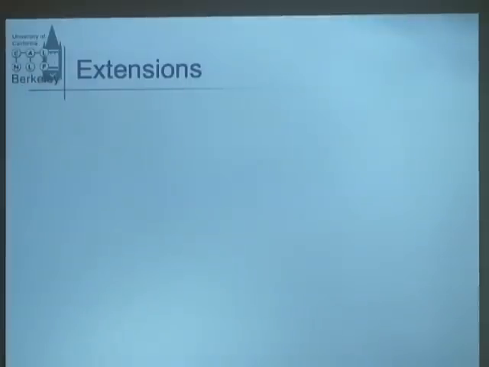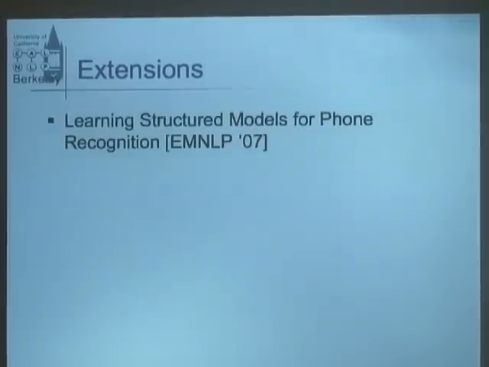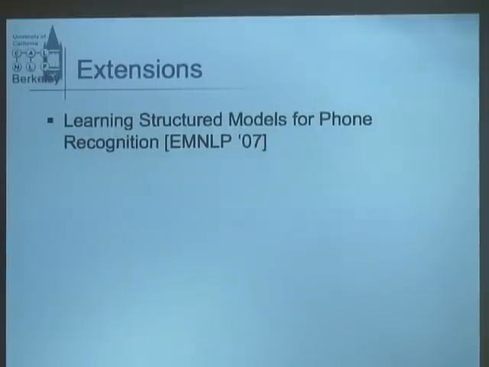Some work, not future work because it's already in the past, that we've done in the last year to extend this is to use the same idea to learn structured models for phone recognition. You can start off with simple phones, and then instead of splitting them manually into triphones and clustering them, you can just try to induce the structure, and it works fairly well.